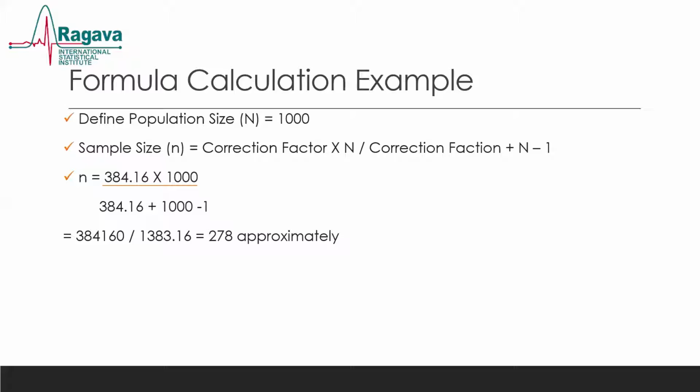Here I'm going to give you an example of how you can calculate the sample size using a formula. Basically, you need to define the population size, which is represented by a capital N. For example, if your population size is 1,000 and you are trying to calculate the sample size, the formula used is correction factor times your population size, divided by correction factor plus your population size minus 1.